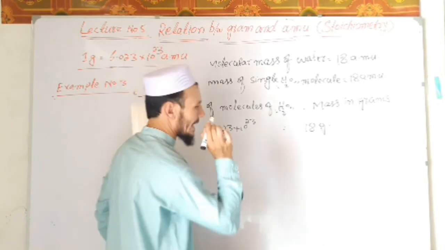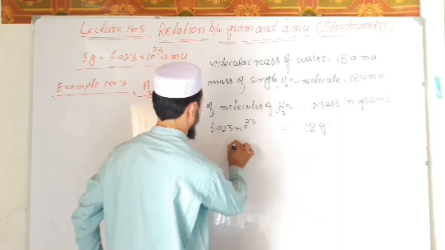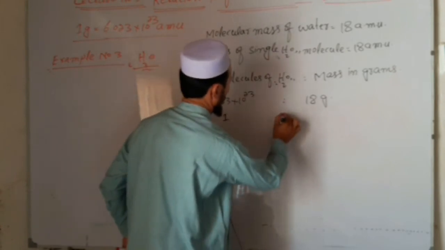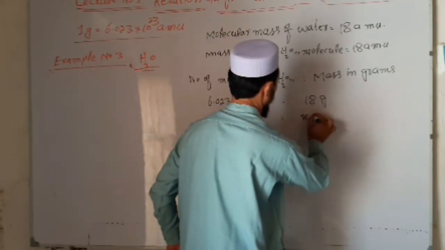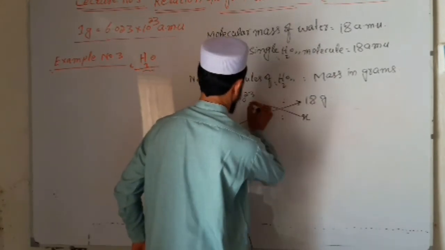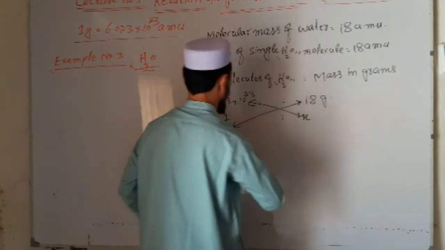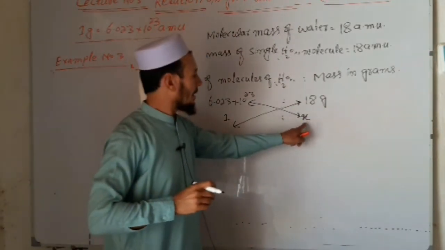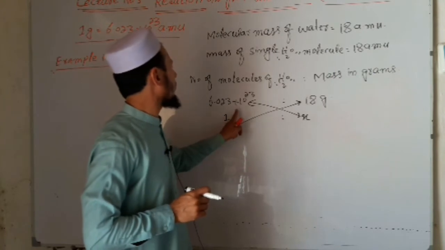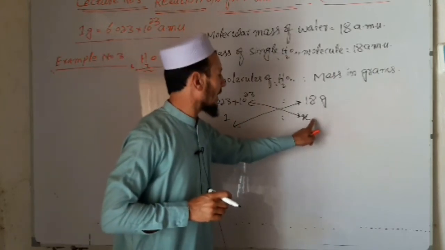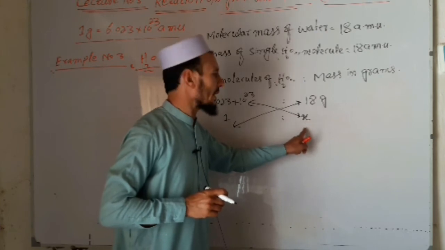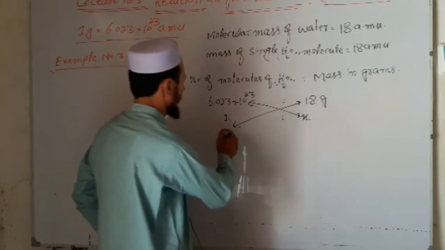So the mass of one water molecule will be equal to x gram. We will cross multiply. So dear student, what is x? X is the mass of one molecule of water in grams. If we calculate x, we will calculate the mass of one molecule of water in grams. So let us calculate.